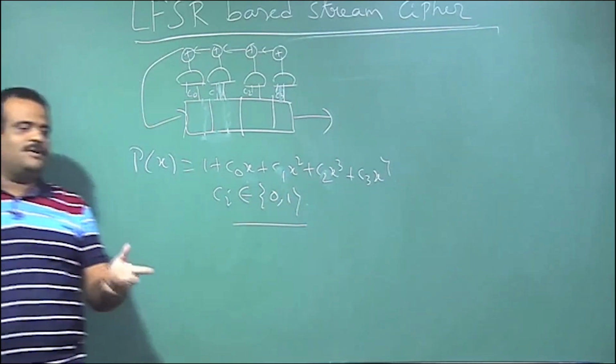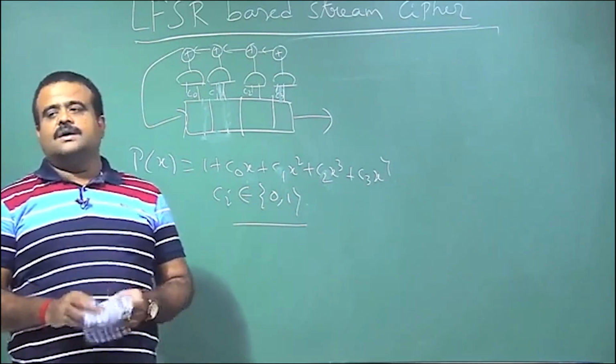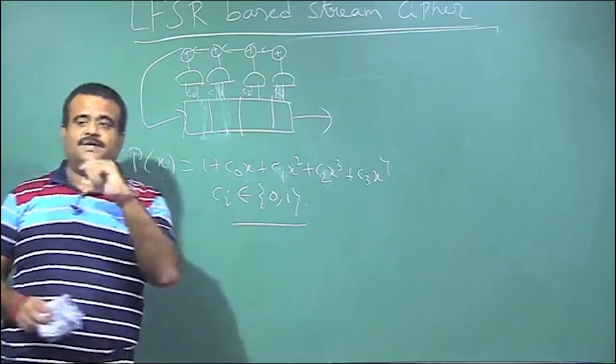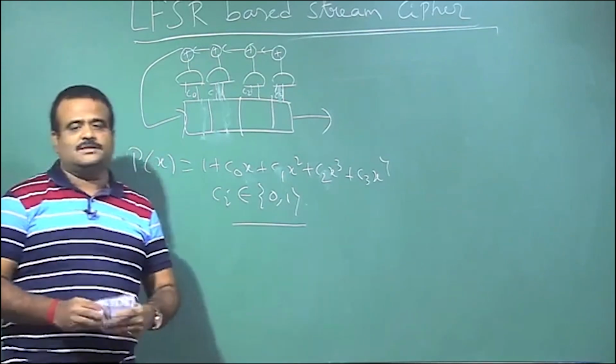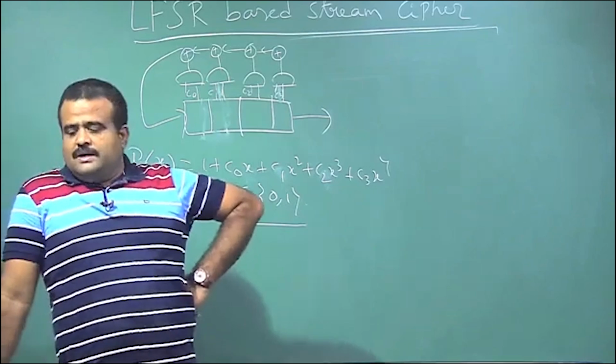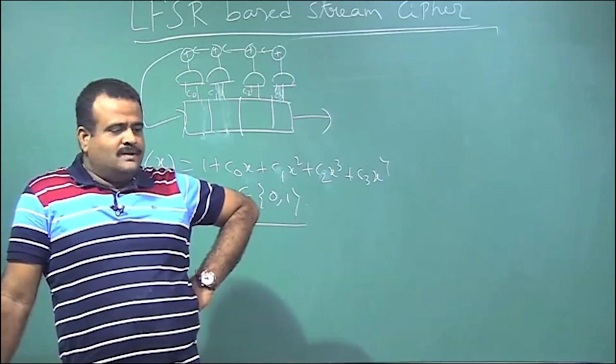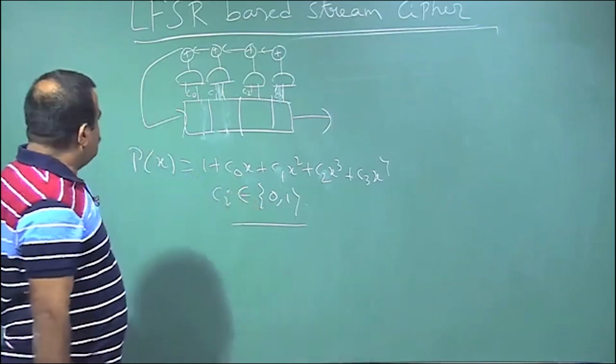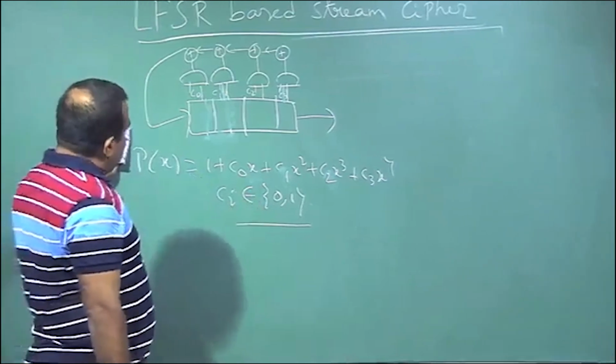If the corresponding state Si is participating in the feedback, then the corresponding Ci is 1, otherwise that Ci value is 0. So, this is the polynomial.